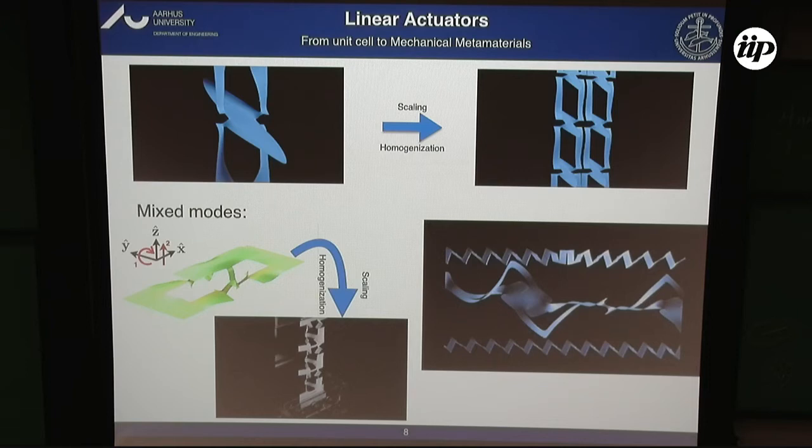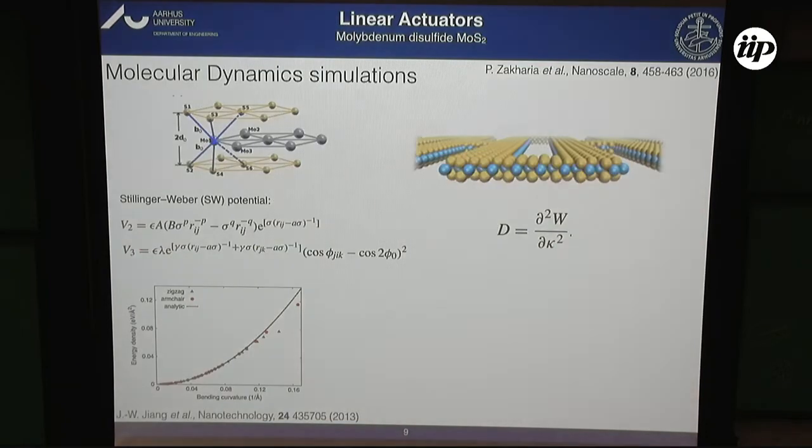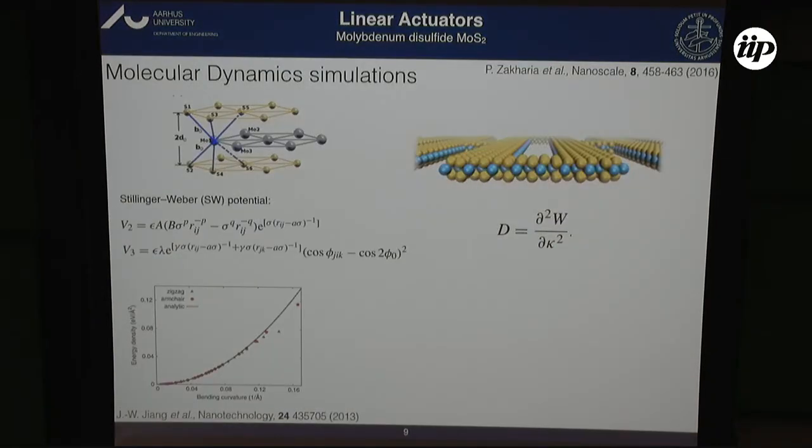So what we decided to do next, just to show something slightly more quantitative about this, is to perform, along with the finite element simulation, some molecular dynamics, and we are using this type of model here. The sheet is made of this unit cell, which is MoS2, right?